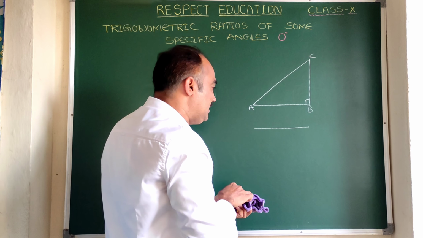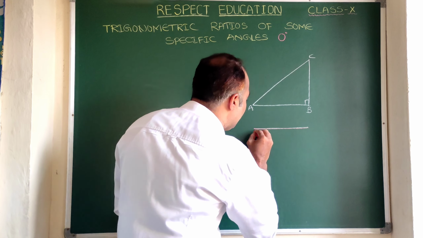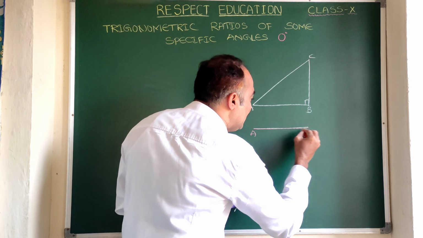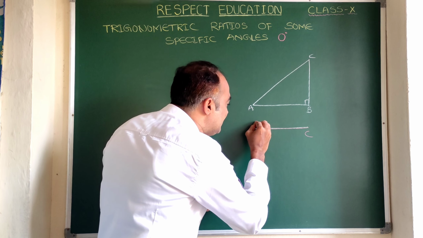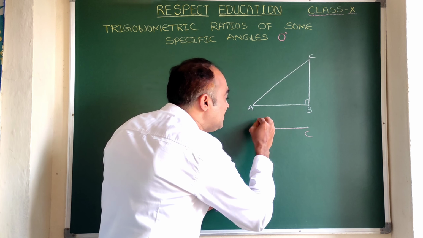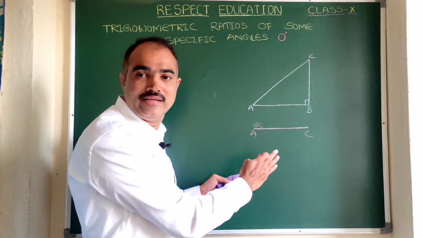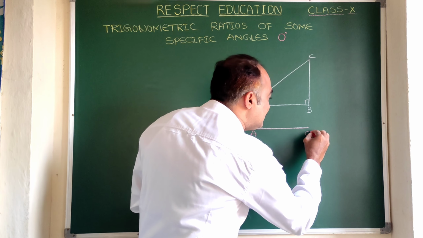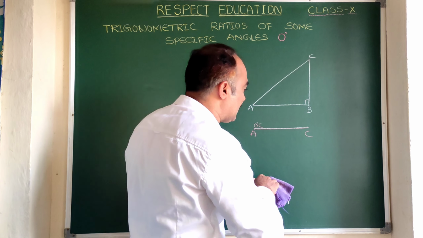On the same AB, AC also will come. This is the meaning of there is no angle, that is called 0 degrees. Here 0 degrees will come, which is not visible at all, because that is 0 degrees, there is no angle. At the same time here C and B, both of them, coincide with each other.